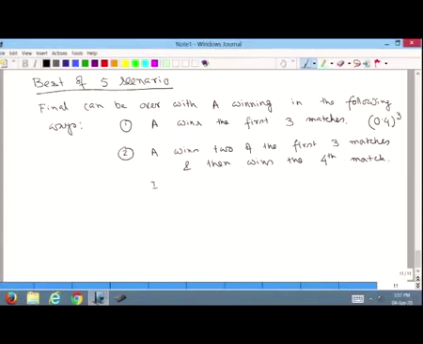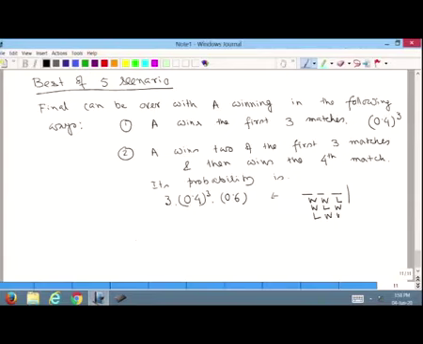Its probability is 0.4 whole cube multiplied by 3 into 0.6, because in the first 3 there are 3 possible ways that A wins 2 matches, which are WWL, WLW and LWW.